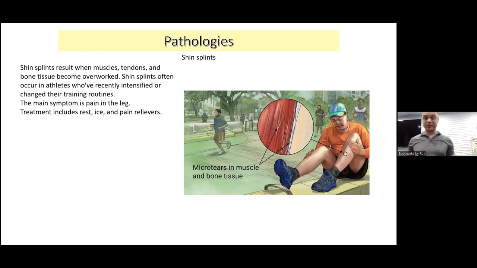But shin splints can be so severe that it can cause a lot of other problems. Like I actually had a friend, he joined the military, and with all the running with 80 pounds of gear on, it caused such severe shin splints that his legs were about to break. He had shin splints to the point where he had hairline fractures in the lower leg.